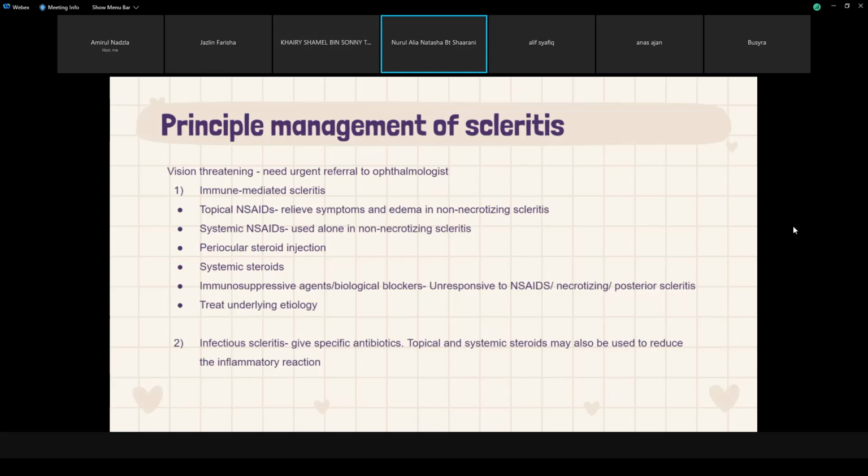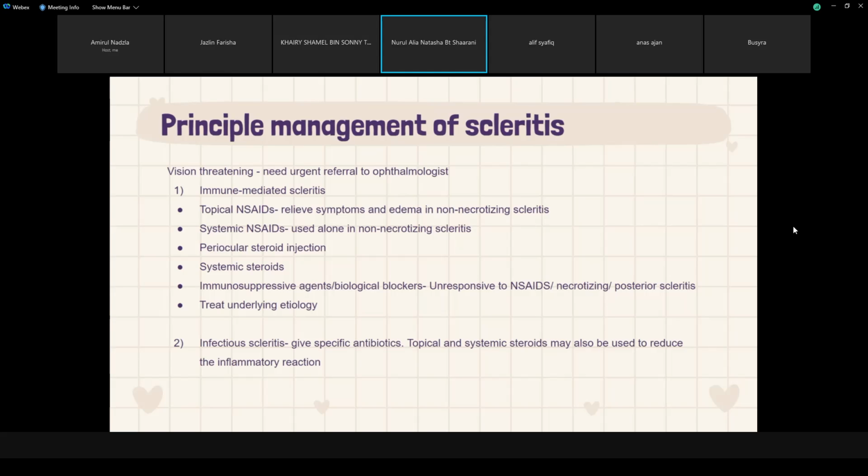For the immune-mediated scleritis, first we give topical NSAIDs to relieve symptoms and edema in non-necrotizing scleritis. Other than that, patients with non-necrotizing scleritis can also be given systemic NSAIDs, periocular steroid injection, and systemic steroids.